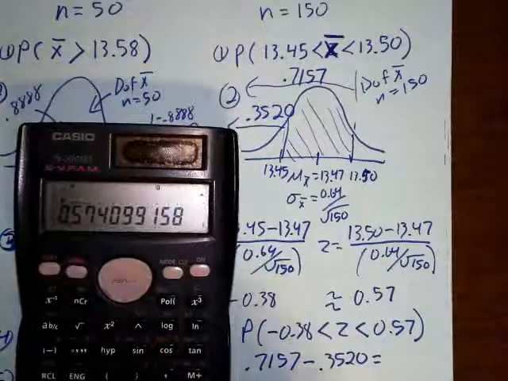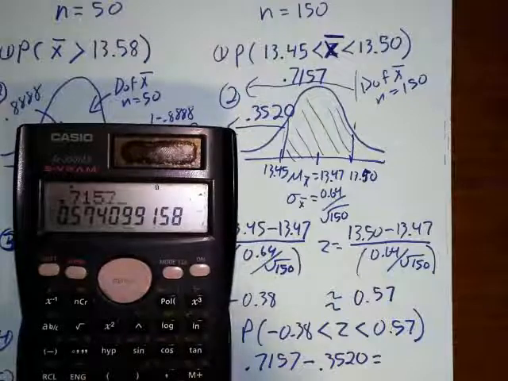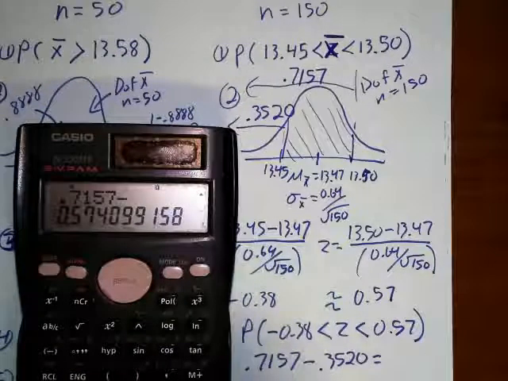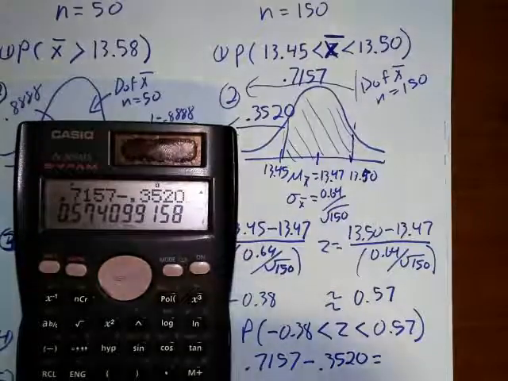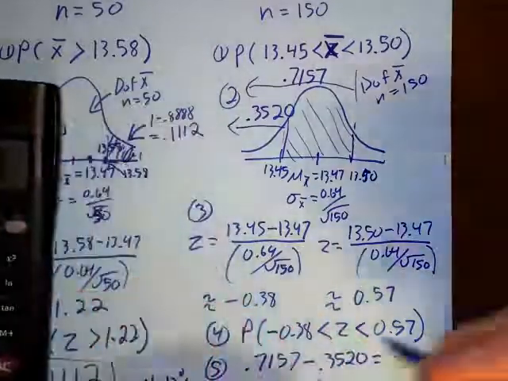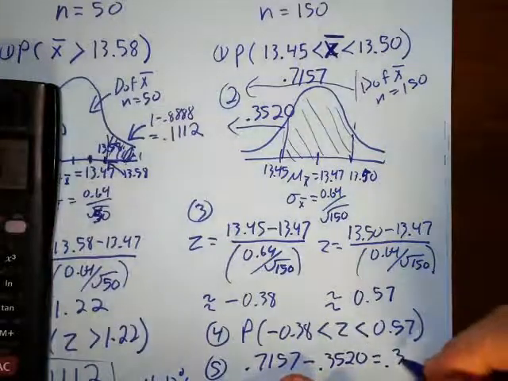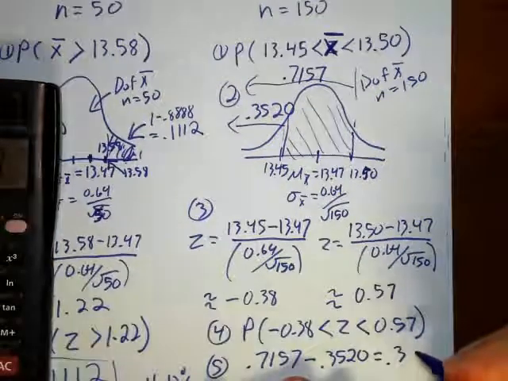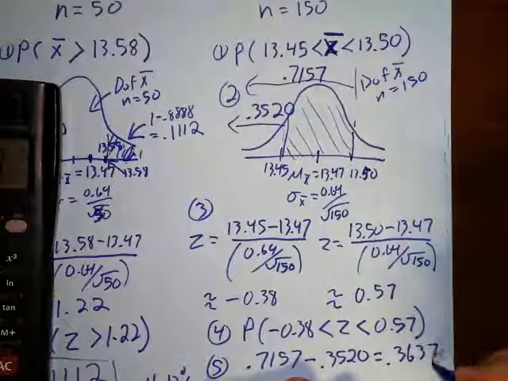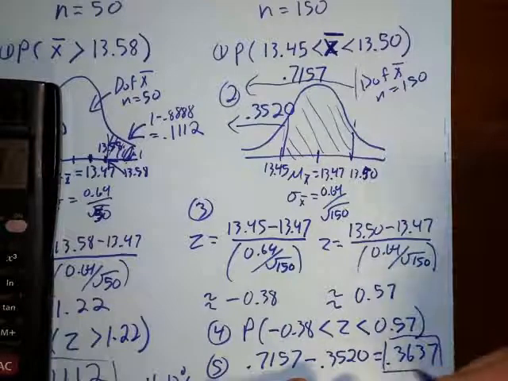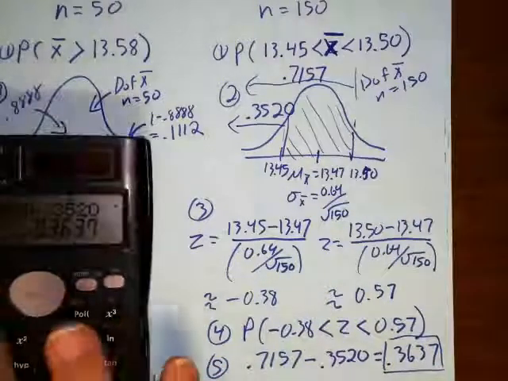So 0.7157 minus 0.3520, and I get 0.3637. And that is my final probability.